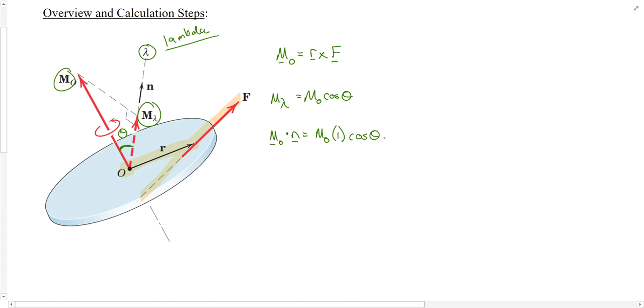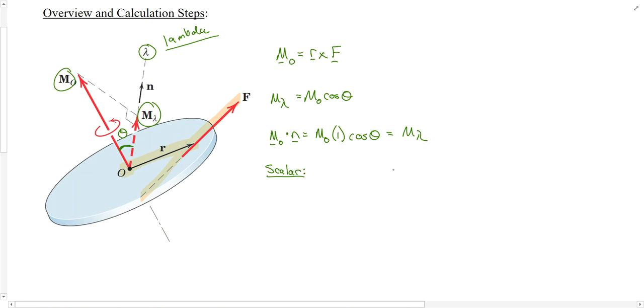And so you would find that all we're really doing is taking a dot product of our moment around O with a unit vector in the direction of this axis in space. So, define M lambda as a scalar.